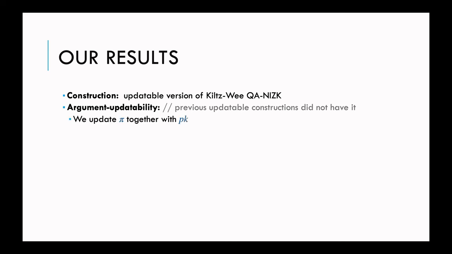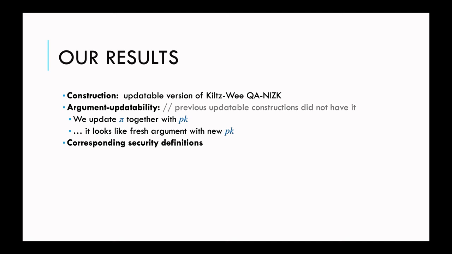When we update the public key, we can update the argument together with it. The resulting argument looks exactly like a fresh argument with this new public key. You cannot distinguish an updated argument from a fresh argument, and I think this gives a lot of interesting applications that can be seen from the paper.